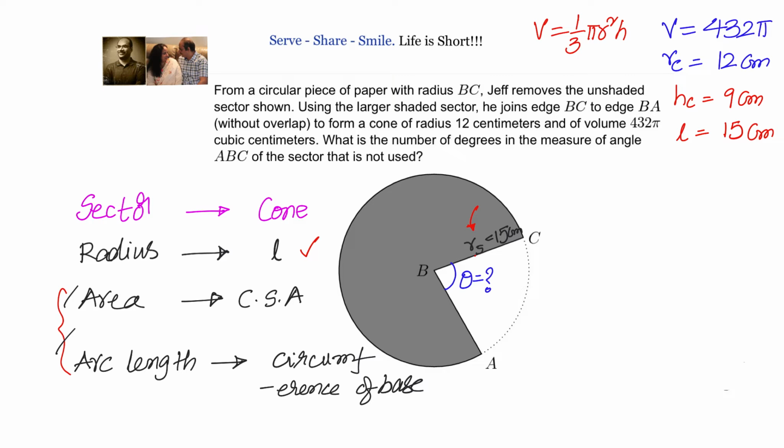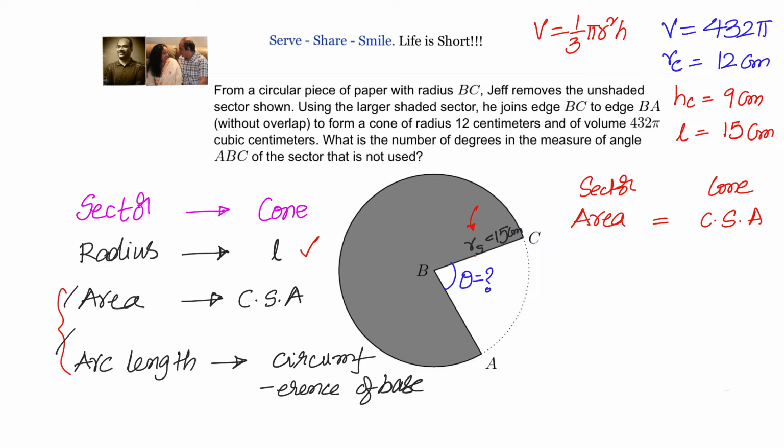Now we will use the other condition, which says that the area of the sector equals the CSA of the cone.